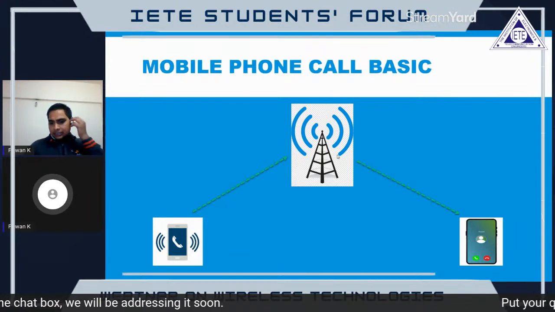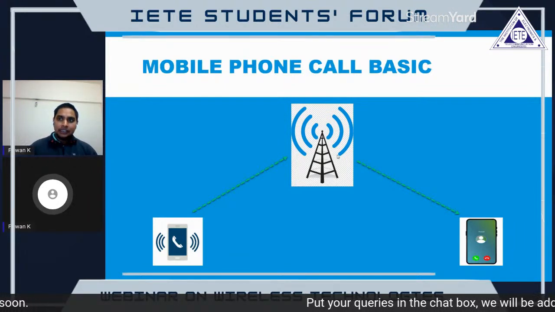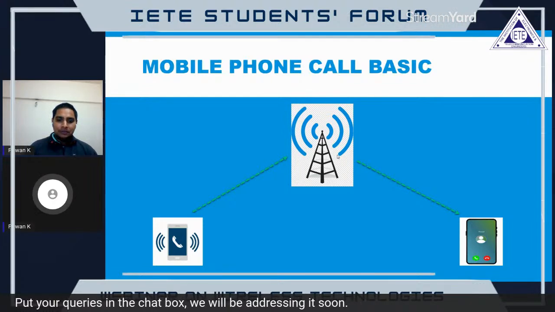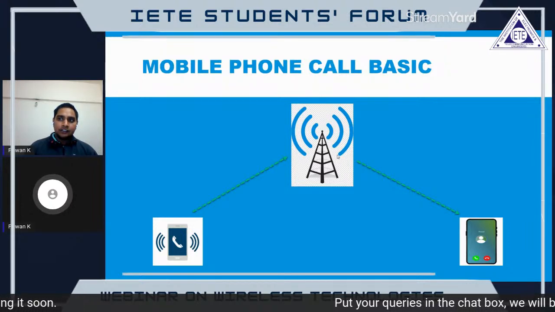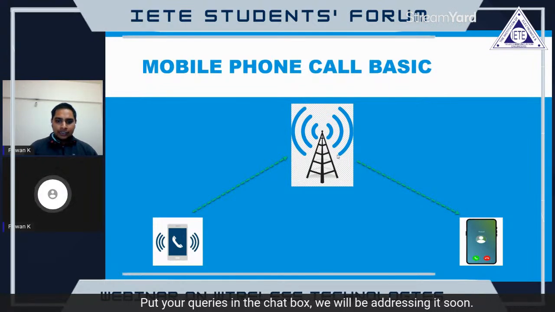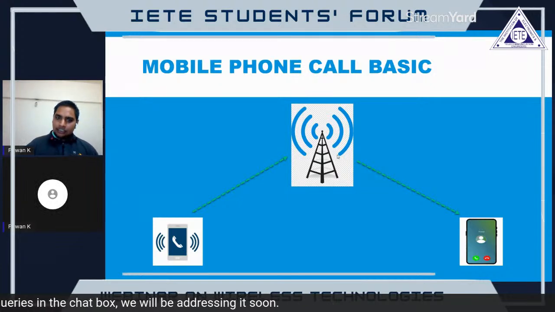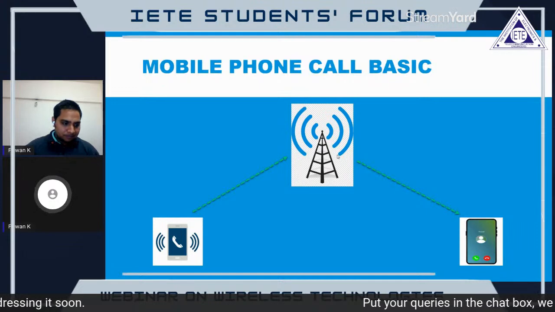Prior to that, it is a broadcast channel, which means no dedicated channel between the network and the node. But after the receiver phone sends the acknowledgement, the dedicated channel will be shared, and dedicated resources will be allocated by the network to phone 2, so that phone 2 can get the services through that channel only. In this way, our communication will happen between phone 1 and phone 2.